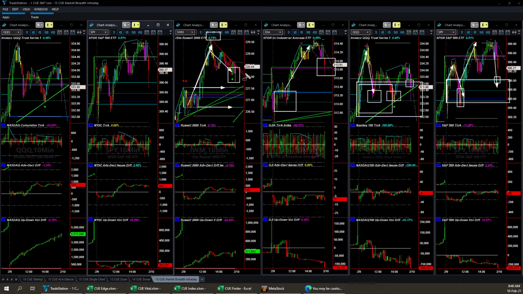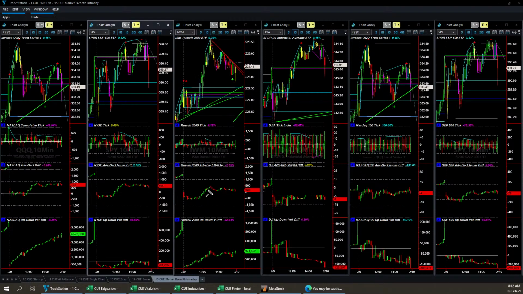That is how the Q fine-tune charts are to be used to see relative strength or weakness, not based on the percentage moves. Now if you looked at the internals also, let's look at advanced decline. For Russell, it was mostly positive other than the early part of the day.